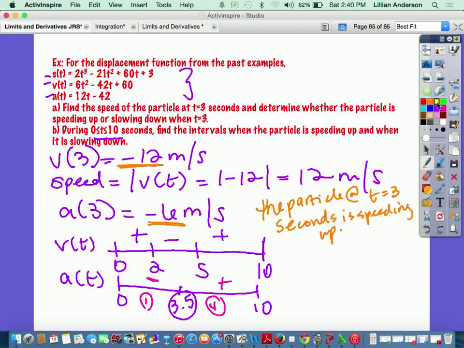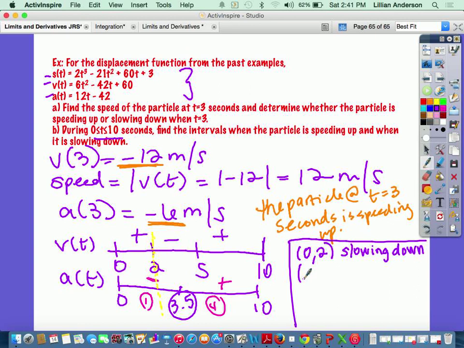It was good that I lined these up because you can easily see that up to 2 seconds velocity is positive but acceleration is negative. So from 0 to 2, because the signs are different, the particle is slowing down.